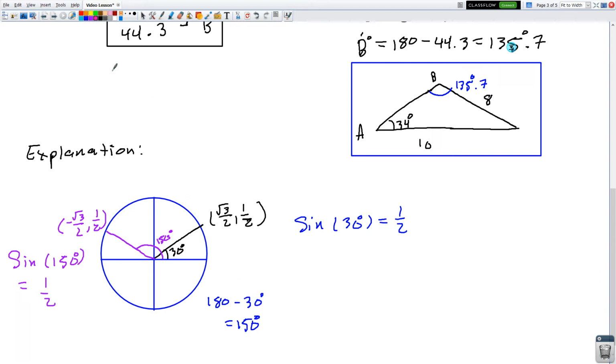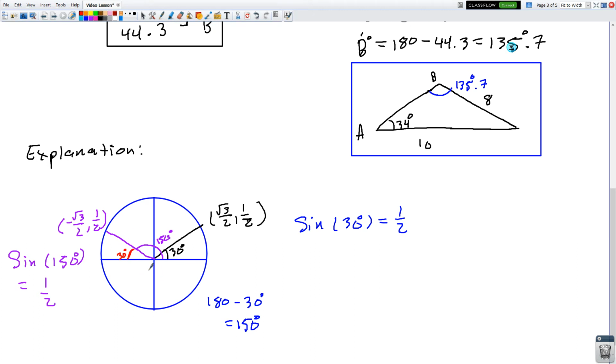The reason why is because if this is 30 degrees, and you take 30 degrees from the other side, you're still going to obtain 150. It's always going to be 180 because if you take a look at the angle of a whole line, that's 180 degrees. So 180 minus 30 is going to give you 150. And that will always work for any point in the first and second quadrants.